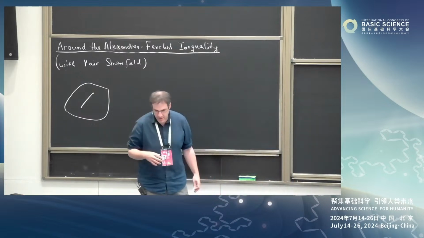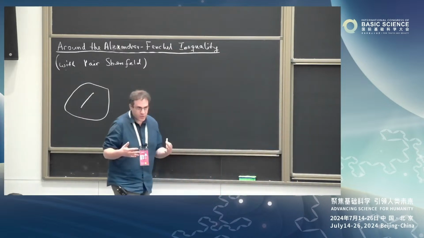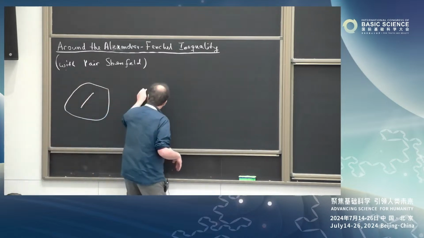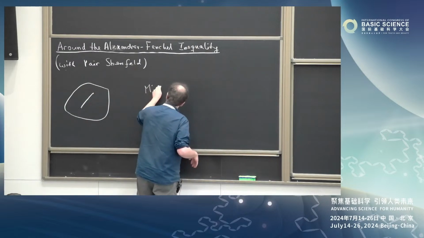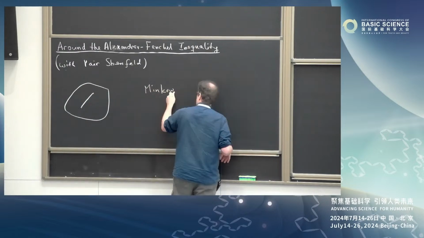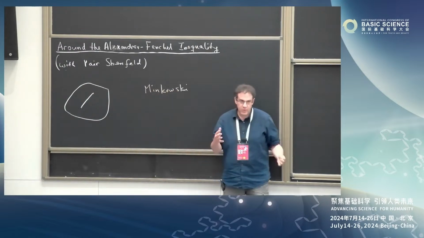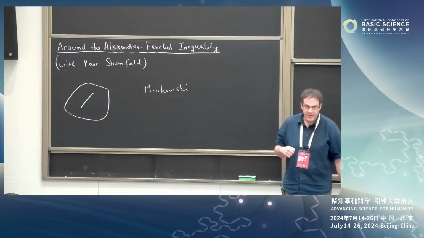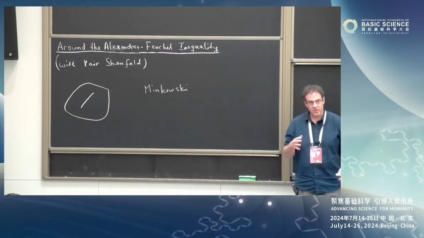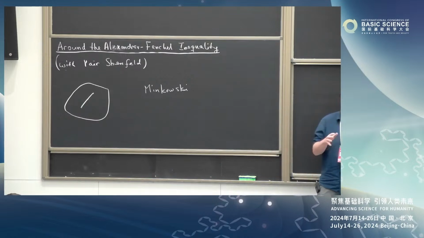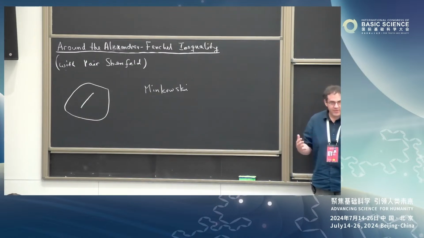So the first person to really use convexity was Minkowski. He was a child prodigy, doing mathematics in high school in the 1870s, 1880s.